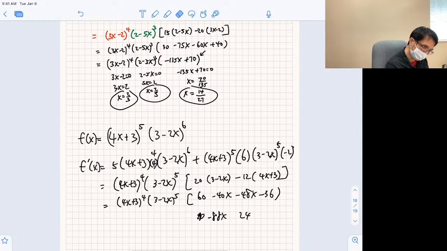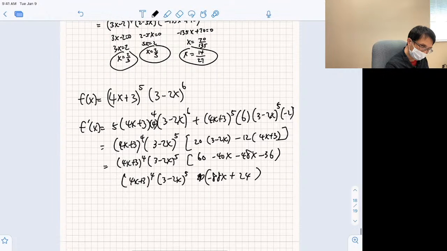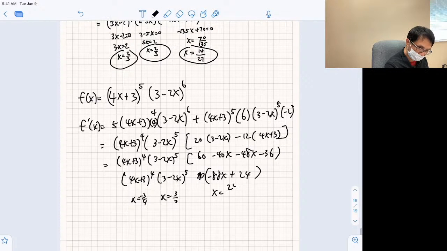Okay, so that is equal to (3 minus 2x) to the 5th, (4x plus 3) to the 4th, and then x equals 3 over negative 4, x equals 3 over 2, positive, and x equals 88 over 24, which is equal to 11 over, oh, trying to rush through doesn't help. 24 over 88, so it'll be 11, and then 3?